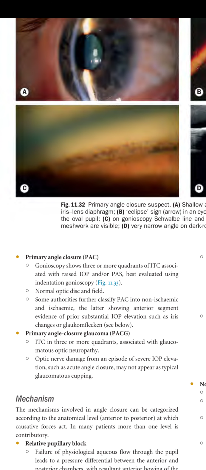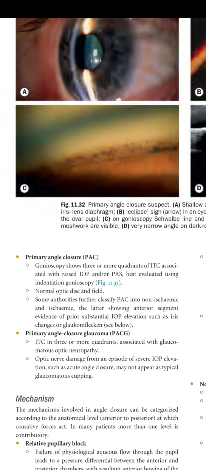Then there is primary angle closure. Primary angle closure shows three or more quadrants of ITC associated with raised IOP or PAS, best evaluated using indentation gonioscopy. So I told you that in this case the IOP will be raised or PAS will be formed, with a normal optic disc and visual fields.